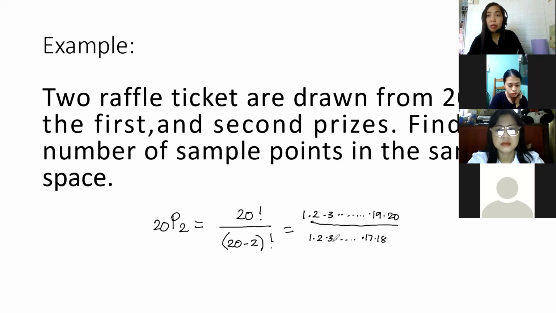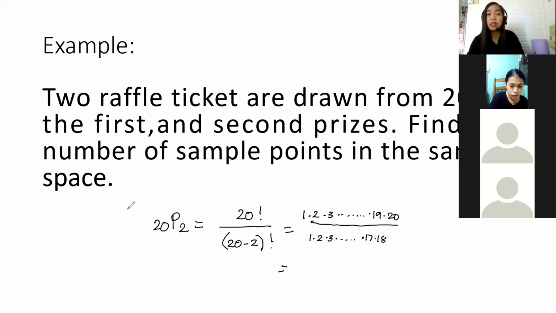We can cancel 1 to 18 because it's the same as the top; we do cancellation in multiplication. What remains is 19 times 20, which is the value of 20 permutation 2. What is the answer?